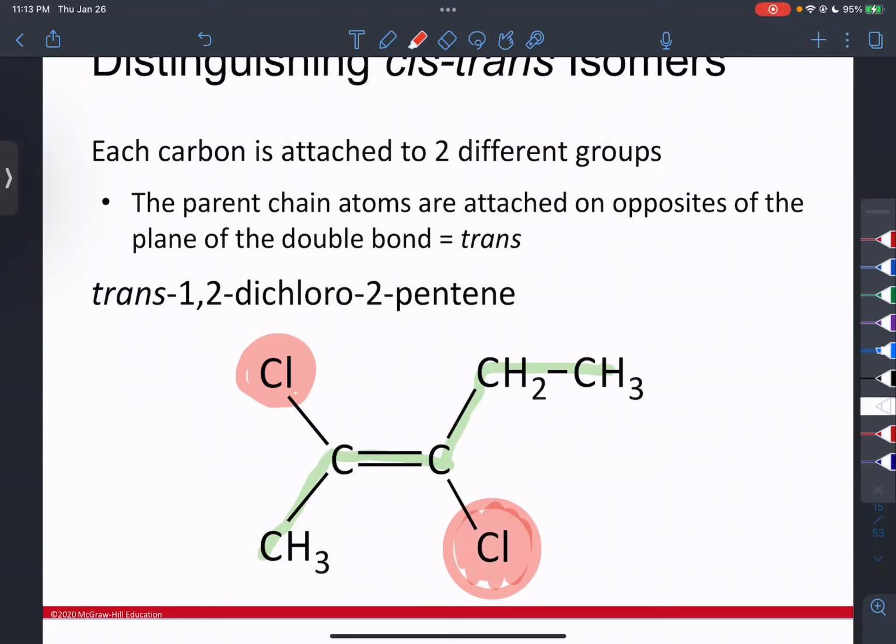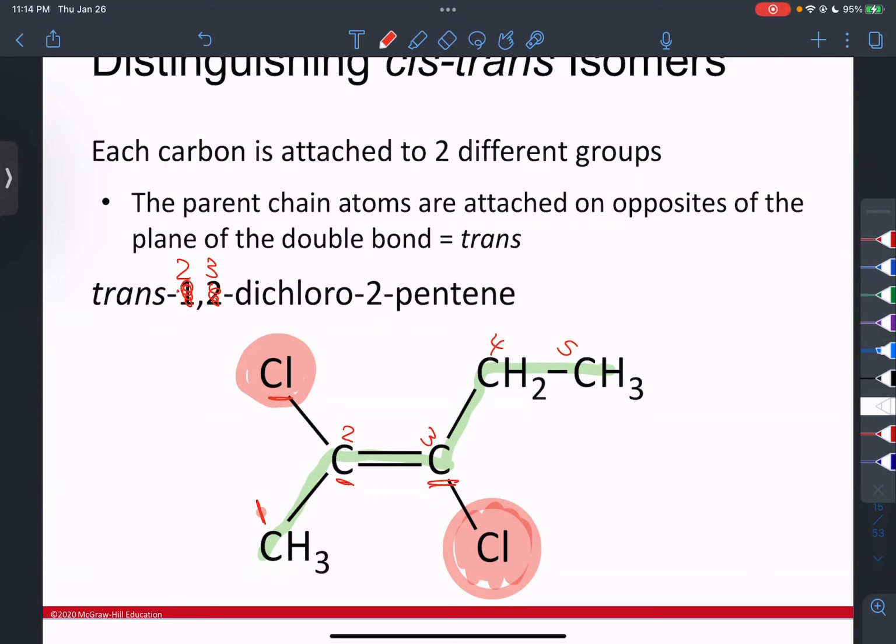So I have two groups. So I know I'm going to have to number these carbons, and they numbered them wrong. Okay. 1, 2, 3, 4, 5. So this is a 2 and 3. 2,3-dichloro. So the chlorine is at carbon 2 and the chlorine is at carbon 3.